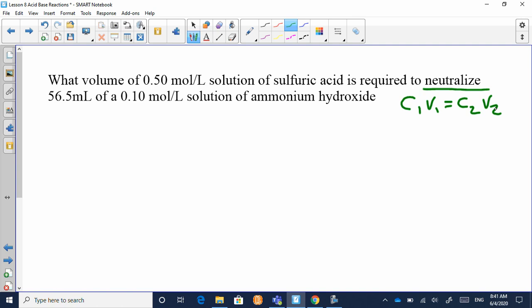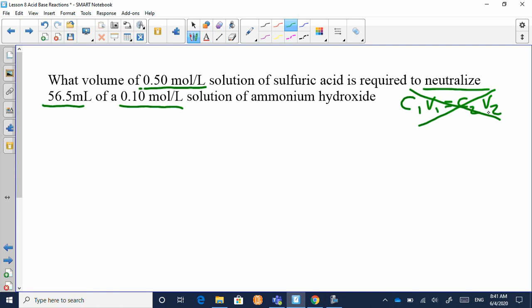And the reason you may say that is that you've been given one concentration, a volume, and another concentration, and you may say, oh, this is going to be that quick one that I can do, the dilution. The key thing I want to emphasize here is, it's not a dilution.